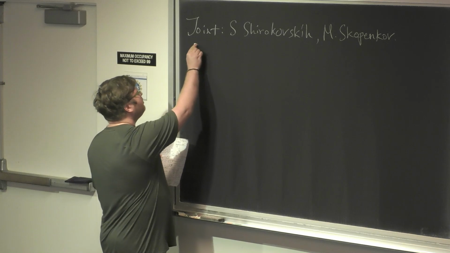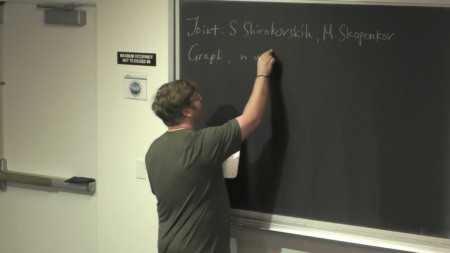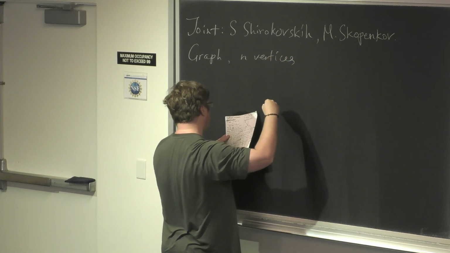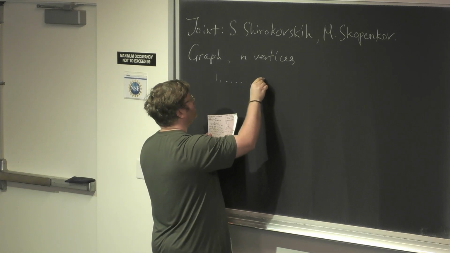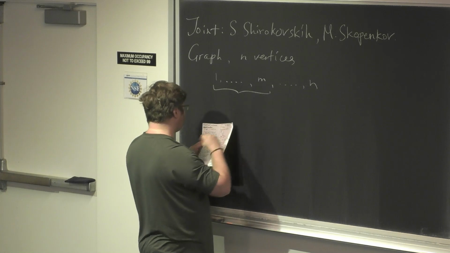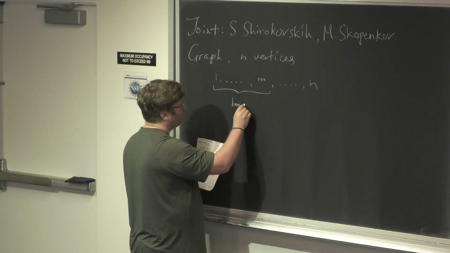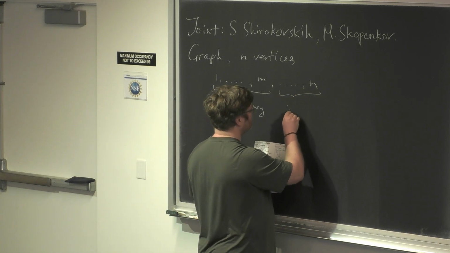So let's say we have a graph which has n vertices, and we'll just number them. And we'll distinguish some part of them, and we will call them boundary. And the rest we will call internal.